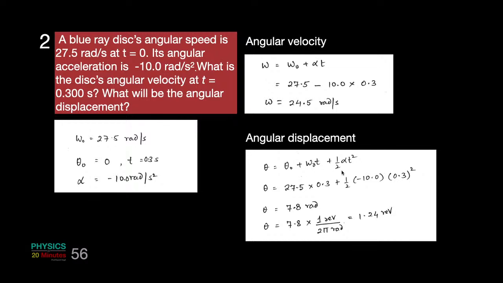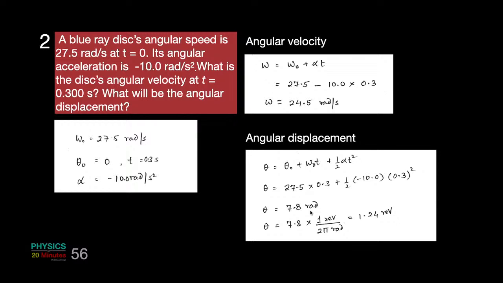So the only thing that remains is here. Put these values, 27.5, t is 0.3, alpha is minus 10, t is 0.3 again, solve it, you get 7.8 radians.